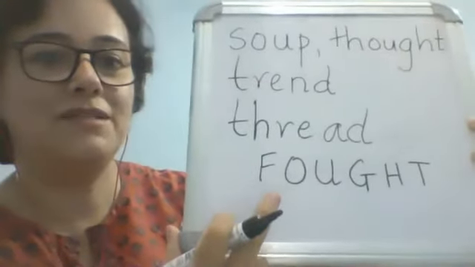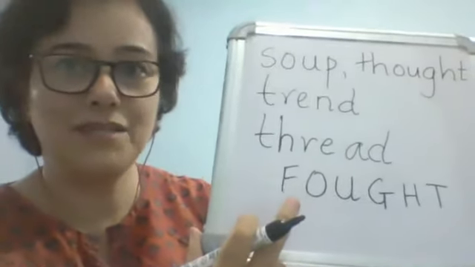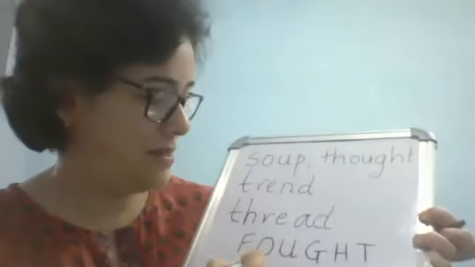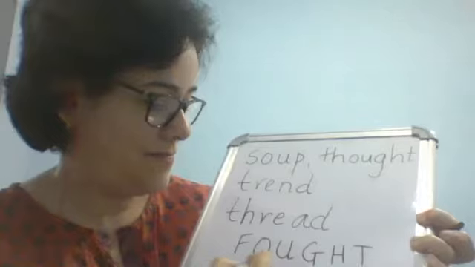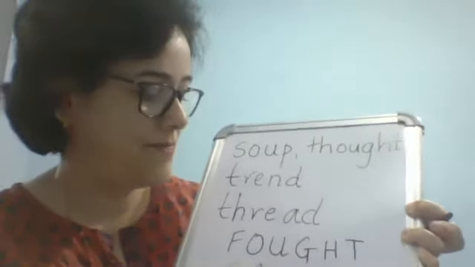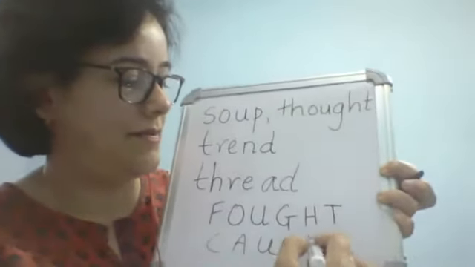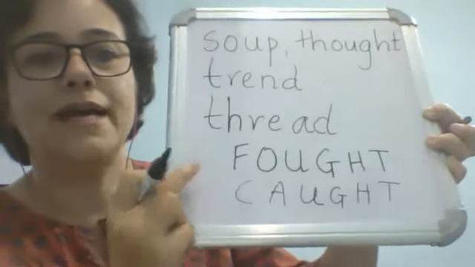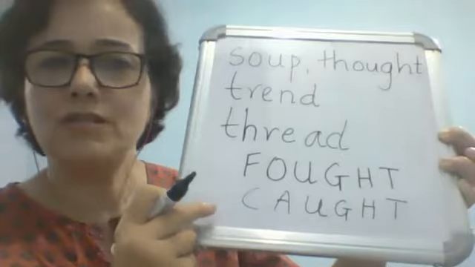My word is caught. So I have to find a word that rhymes with fought. That means it has the same sound as fought. My word is caught. Caught rhymes with fought. What is caught?